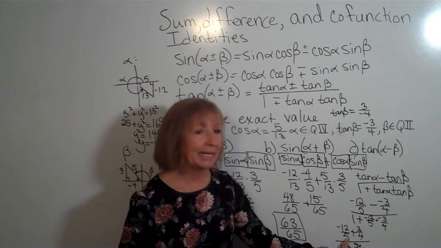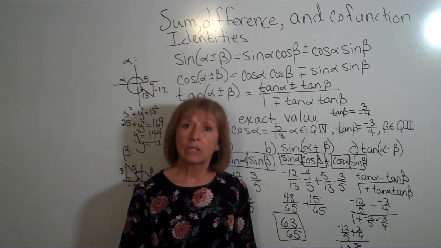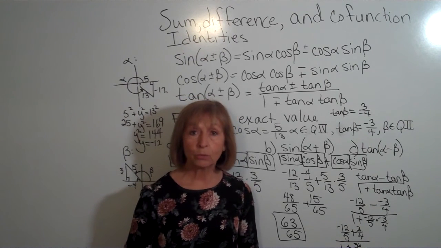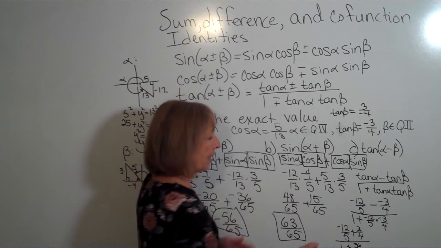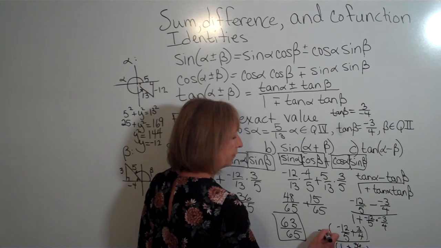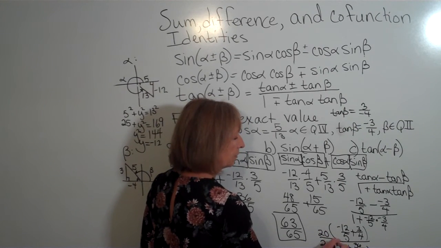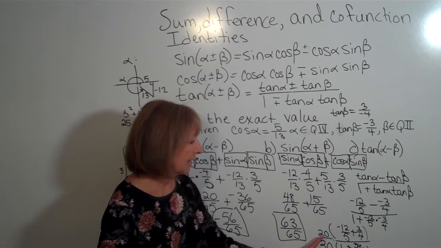Look at all your denominators in the little fractions. There's a 5, there's a 4, there's a 20. The lowest common denominator is 20. So we're going to multiply the top of the fraction and the bottom of the fraction each by 20, and 20 over 20 is just multiplying by 1. So I'm not changing the value of it, just the way it looks cosmetically.